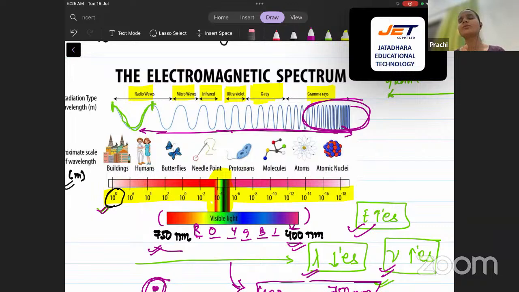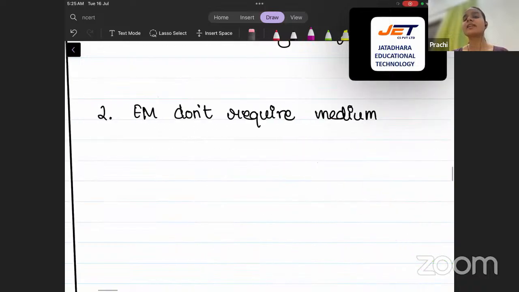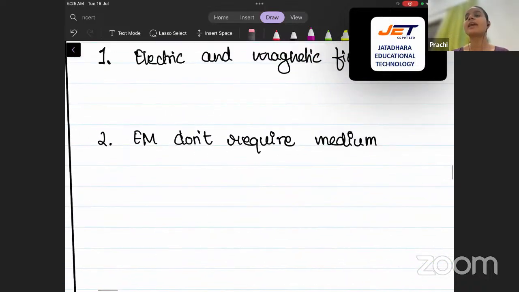Also, you may know that in space there is vacuum, right? So the other important property of the electromagnetic radiation is that they don't require any medium for their propagation. As you may know, for sound waves, we would require a medium for their propagation. Also, if you see the ripples in the water, those are also a kind of wave, but they also require a medium.